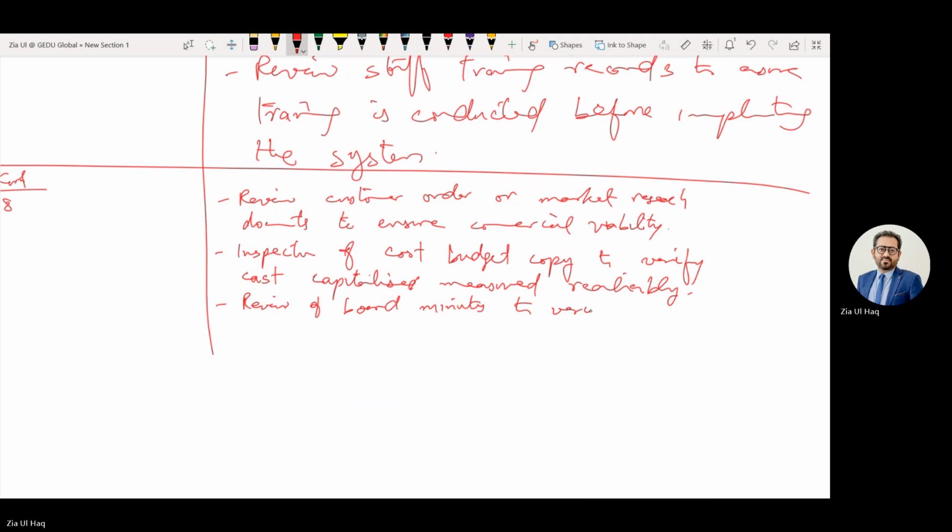Verify management intention to use, complete.